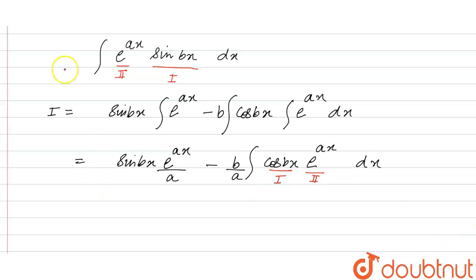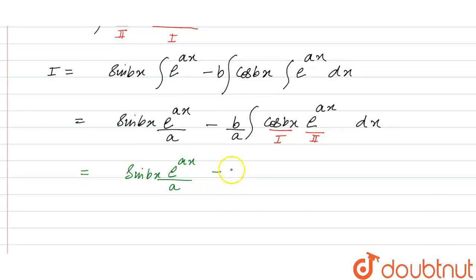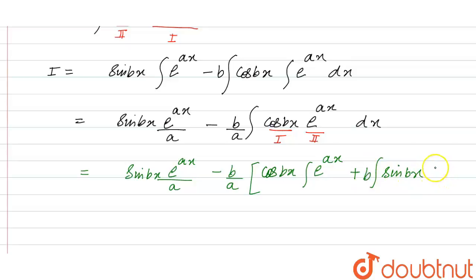Further applying by parts, we have sine bx e raised to power ax upon a, and minus b by a, and applying by parts, we have first as it is, that is cos bx as it is, into the integral of e raised to power ax, minus the differentiation of first, that is minus minus will be plus, here will be sine bx, with b outside, and the integration of second, that is e raised to power ax upon a, with respect to dx here.